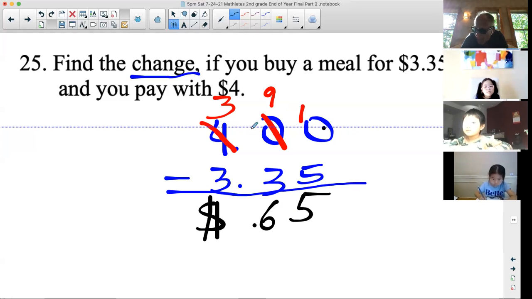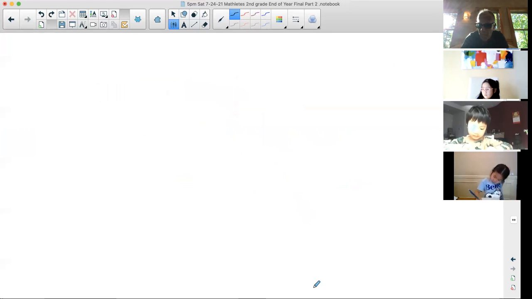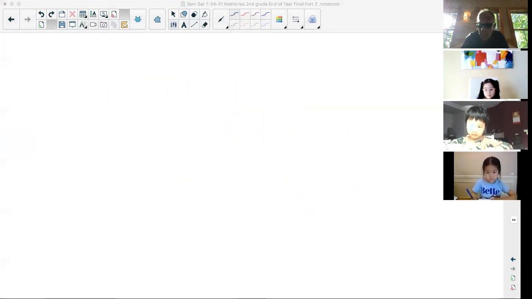We borrowed the 1 from this 10, made it a 9. But because this was not really a 10, we borrowed from the next place, and the 4 became a 3, and 3 minus 3 is 0, 9 minus 3 is 6, and 10 minus 5 is 5. Beautiful job, everybody. Great, great work.